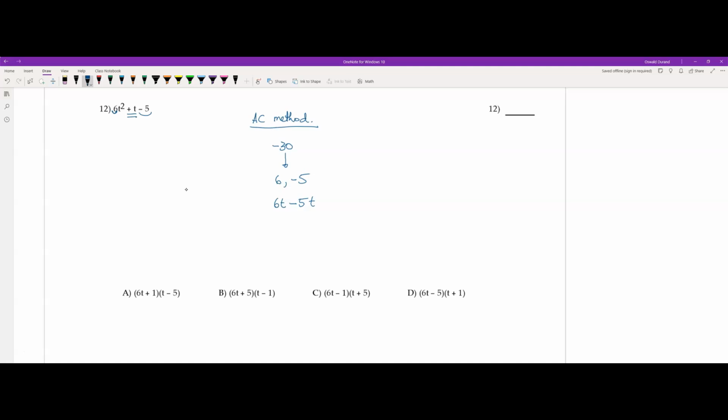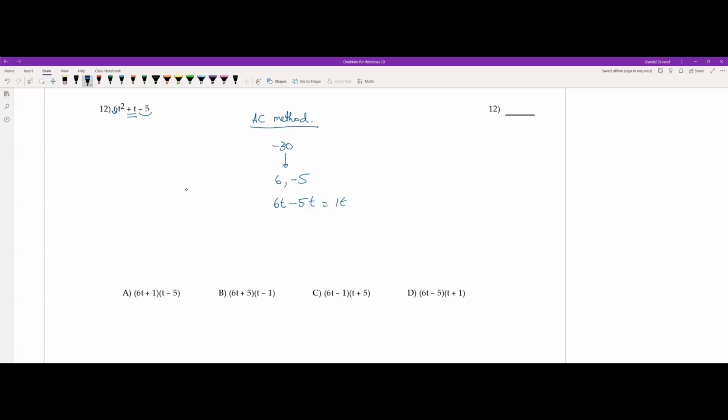So that's my combination here that I want. You have 3 times 10, you have 1 times 30. These two combinations will never get you to positive 1t, so this gives me positive 1t. I'm good. I can replace 1t with 6t minus 5t.